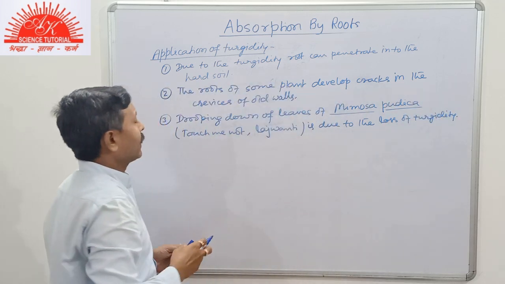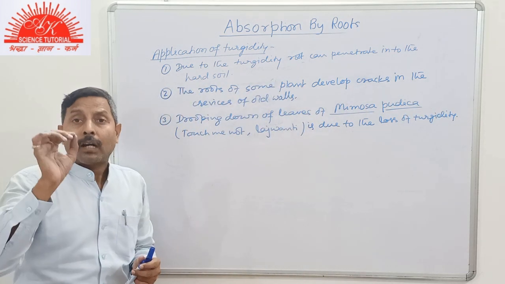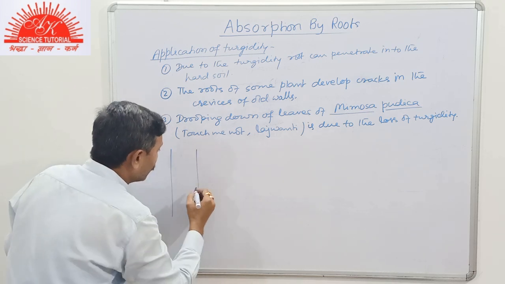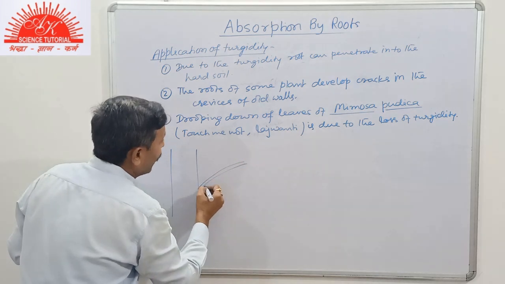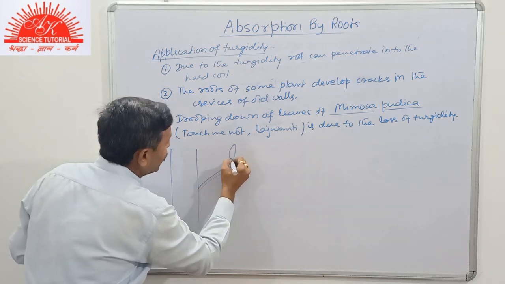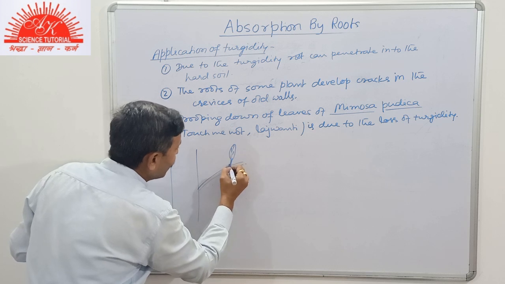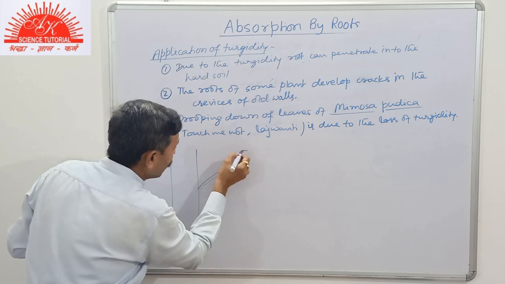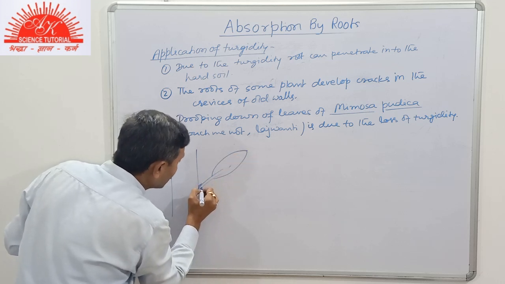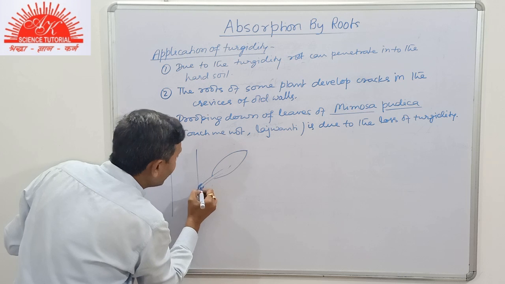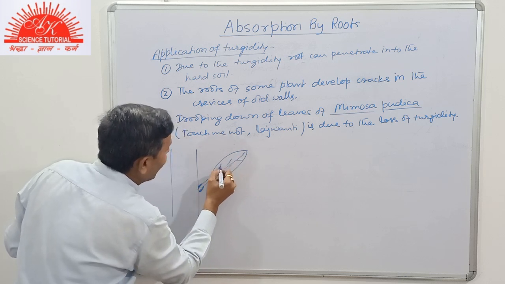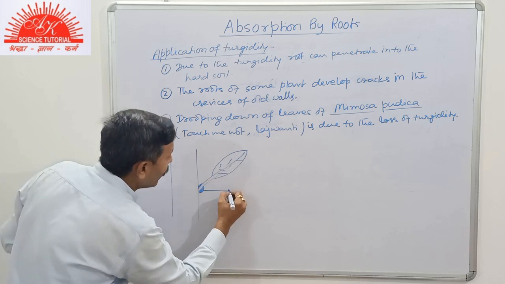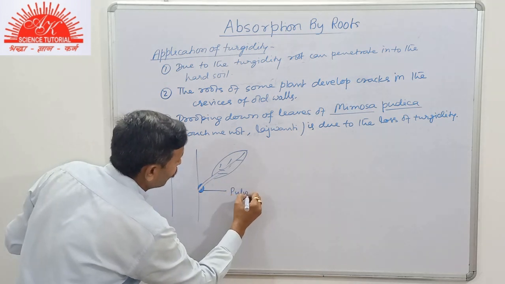Now what happens in this case? When a leaf is touched, like suppose we draw a diagram of its branch. Now suppose here is the leaflet, and at this place here is the swelling. The swelling in the leaf at the base of the leaf petiole is known as pulvinus.